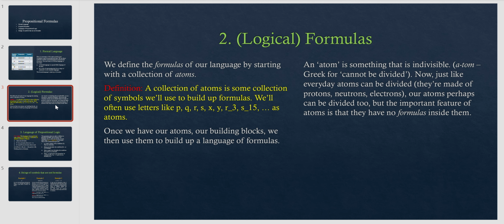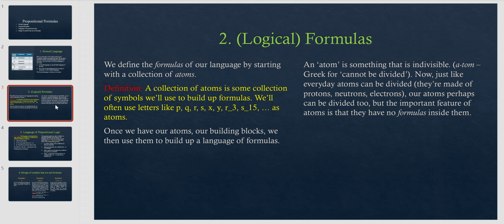We often use letters like P, Q, R, S, X, R3, S15, and so on as atoms. And once we have our atoms, our building blocks, we can use them to build up a language of formulas.